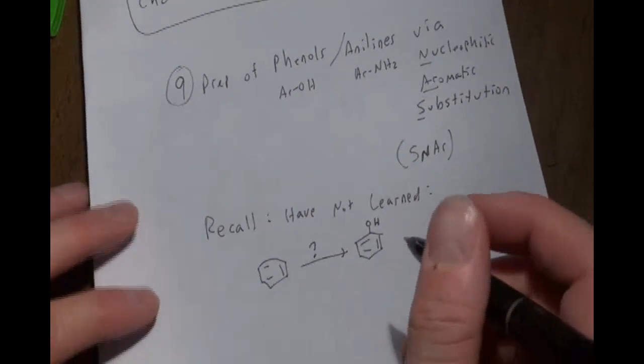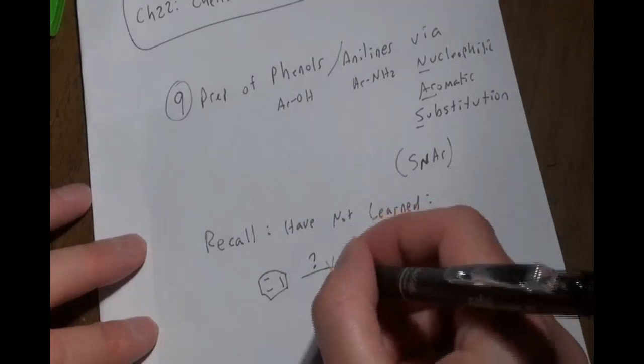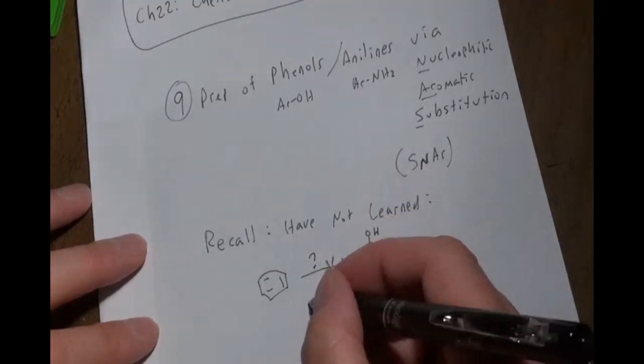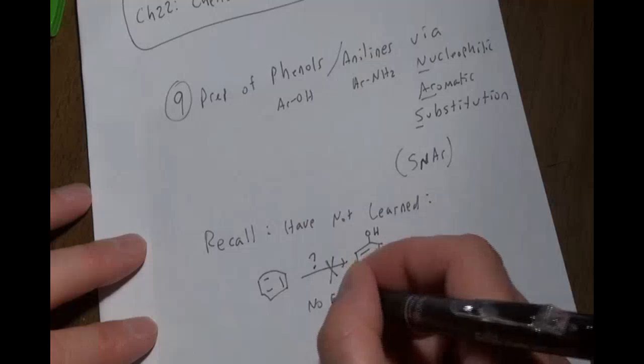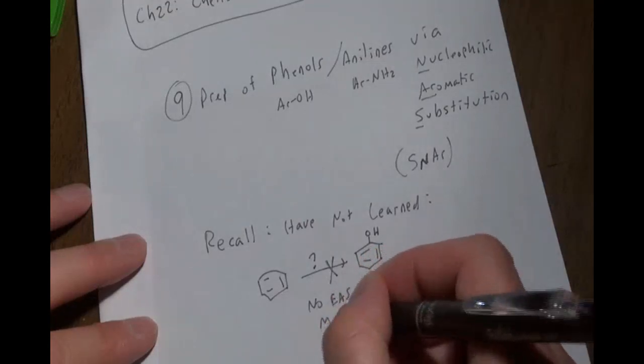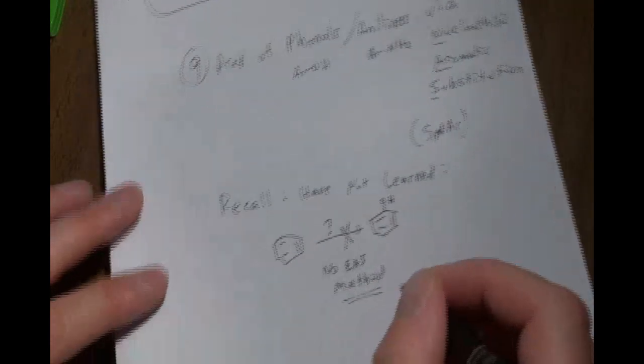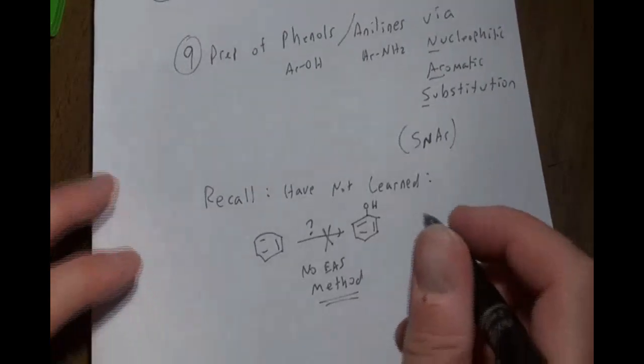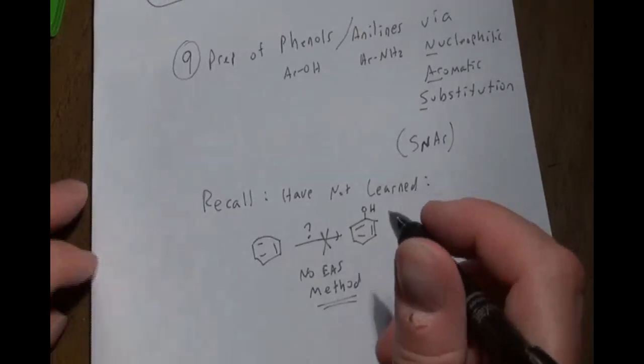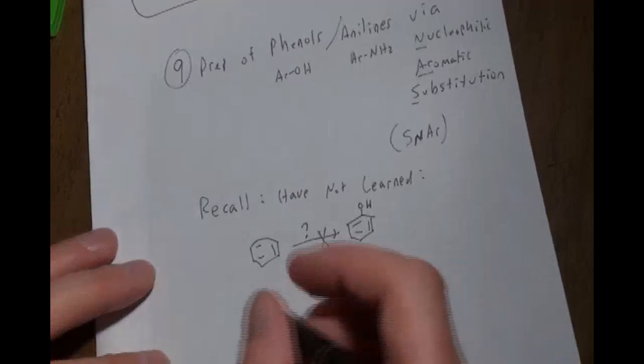There's no direct way to do it, so that's why you didn't learn it. And certainly not by EAS. There's no EAS method, but there are ways to make phenols.